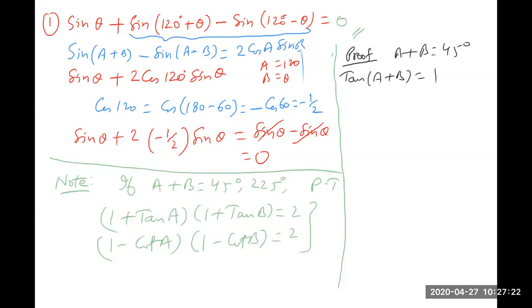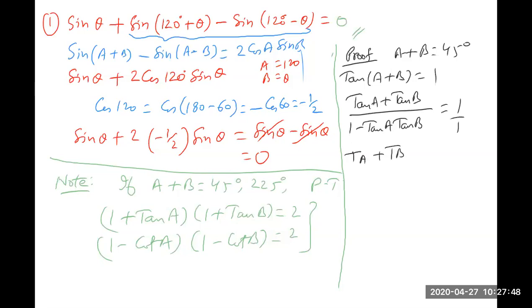Apply the formula: tan a plus tan b upon 1 minus tan a tan b is equal to 1. So we can cross multiply. So we will get tan a plus tan b is equal to 1 minus tan a tan b.